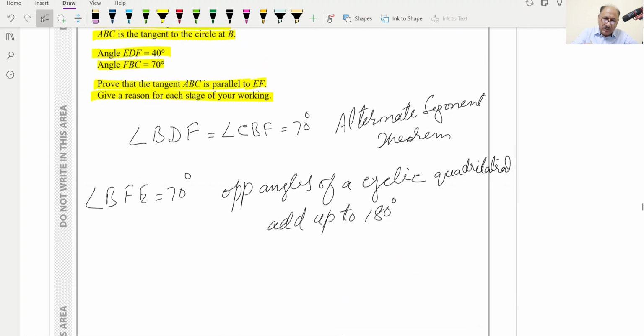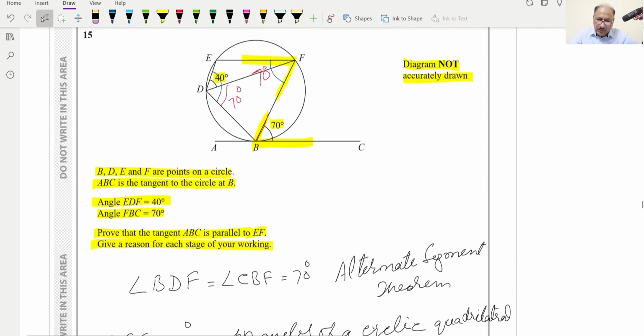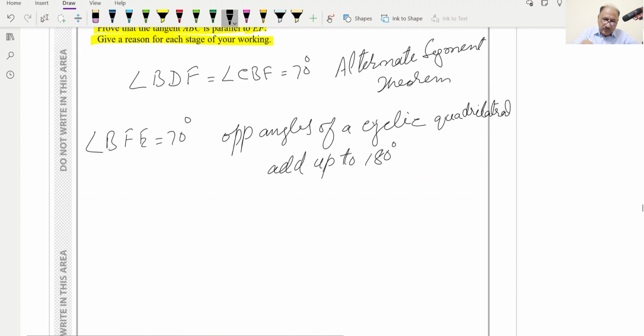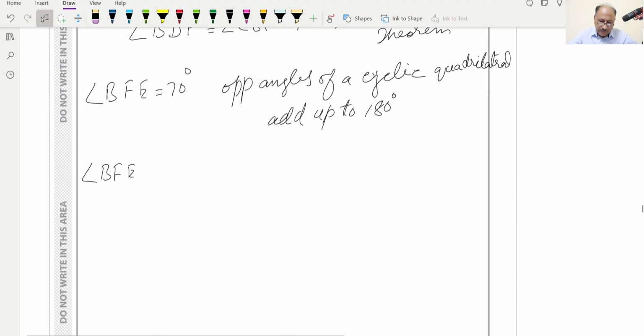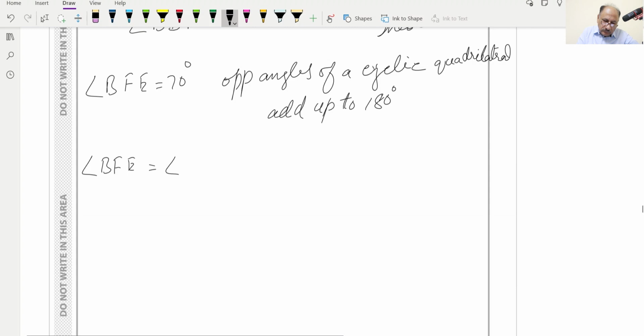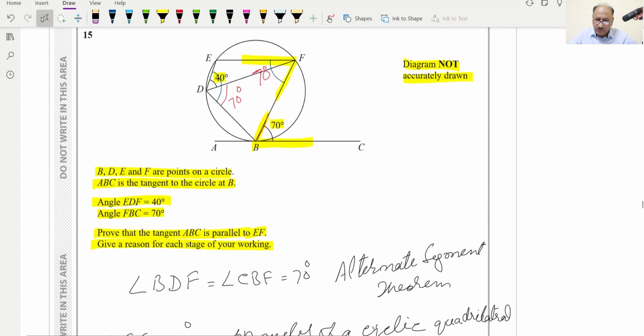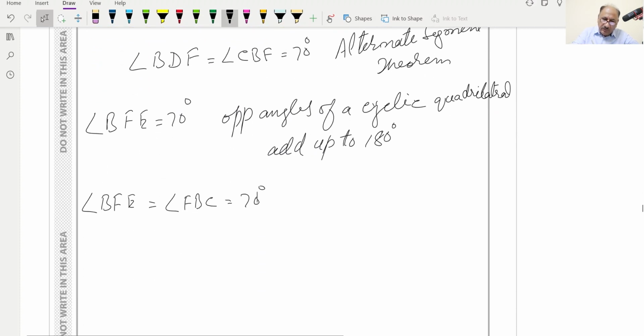So we can write angle EFB, which is angle BFE, which we have written, and angle FBC is equal to 70 degrees. FBC is also 70 degrees, and we will write alternate angles. So this is sufficient reason for this one.